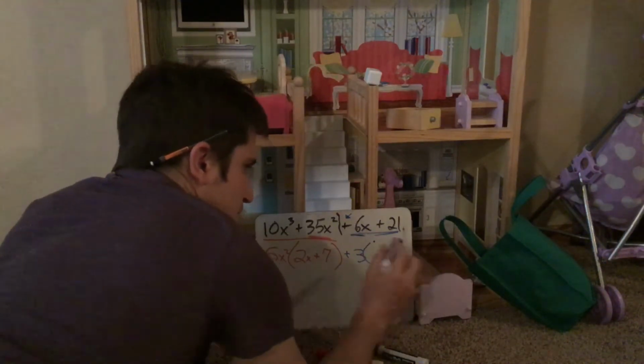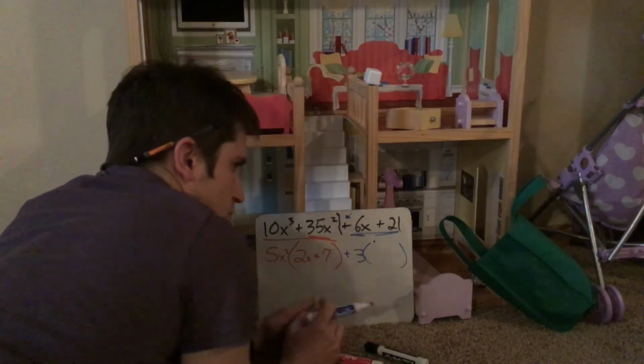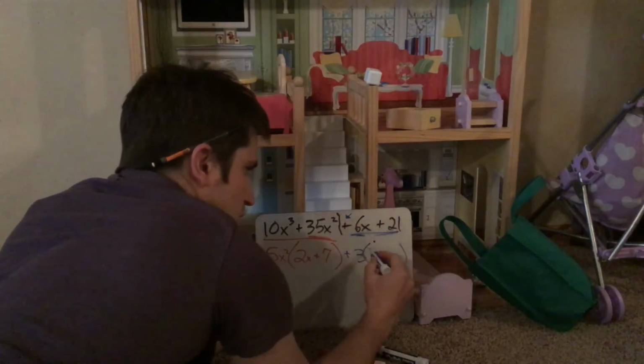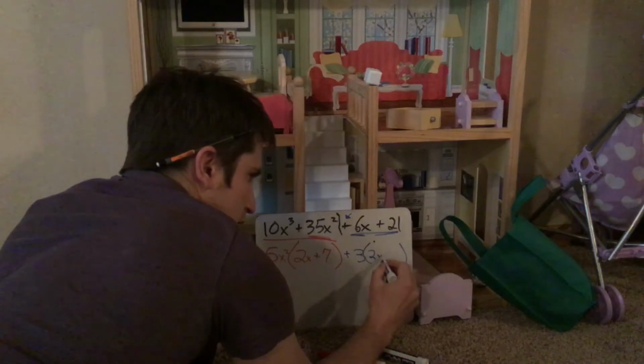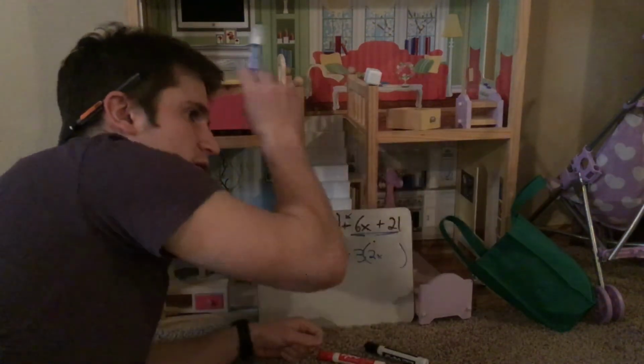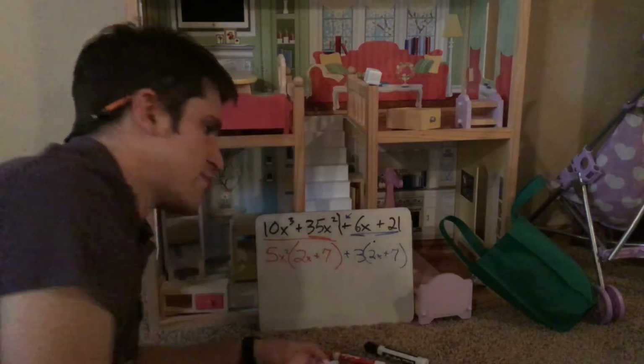But mine's positive, so I've taken out 3. If it was 6x, now it should be 2x. It was 21, pulled out 3, so now all that's left is 7.